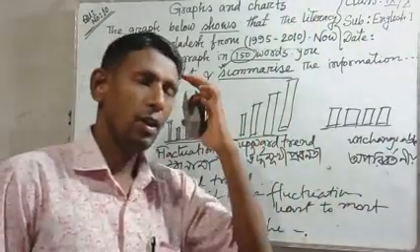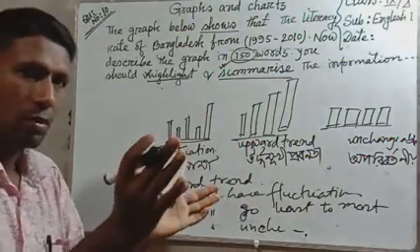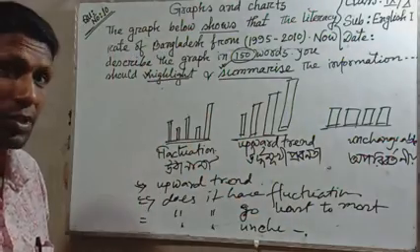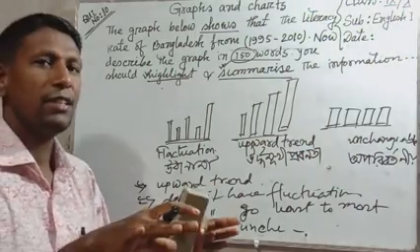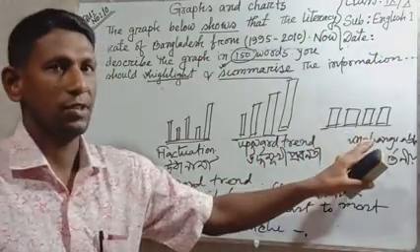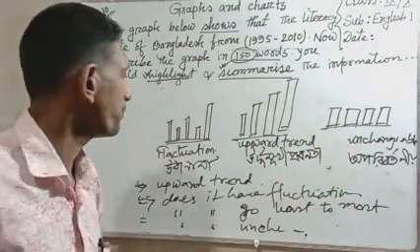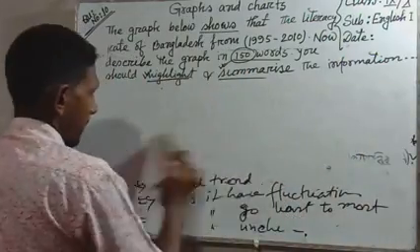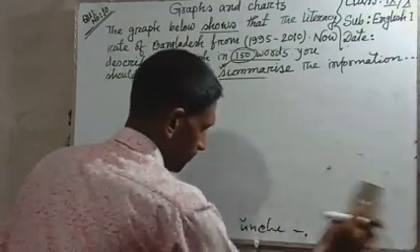So in your mind, when you get a question paper, you see whether it is fluctuation, or an upward trend, or unchangeable. At first, let's go.